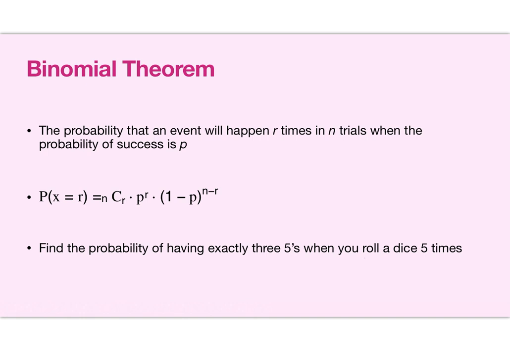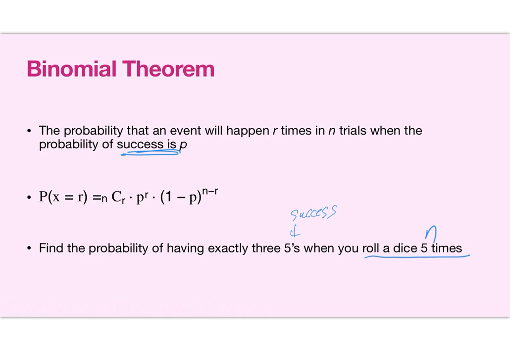If I roll the dice 5 times, that's n, because it's the total number of trials. My success, what am I looking for? I want to get a 5.